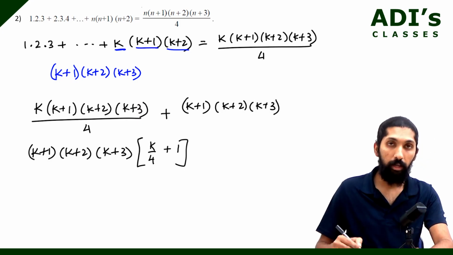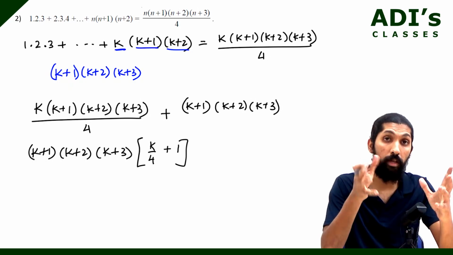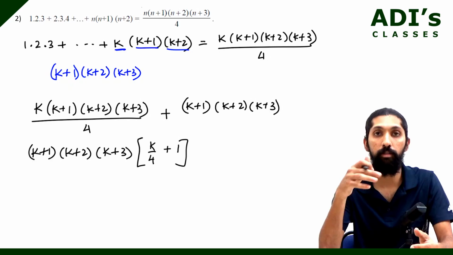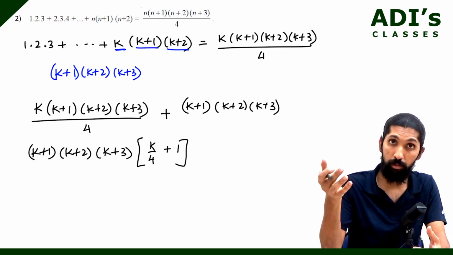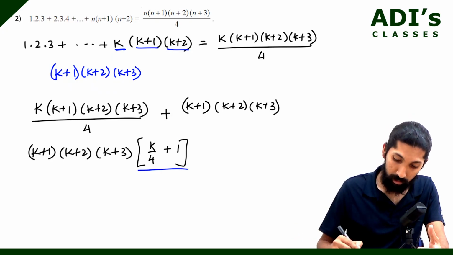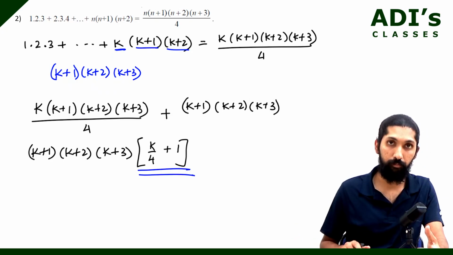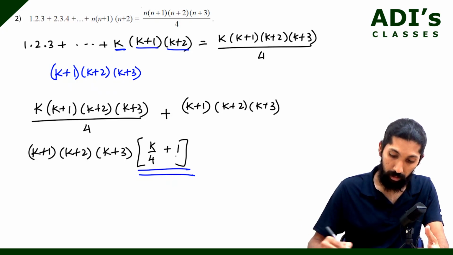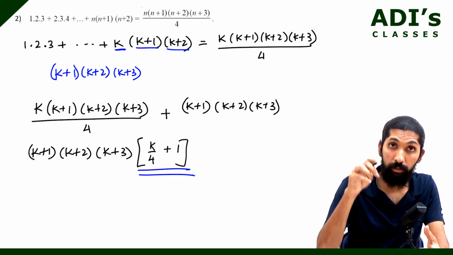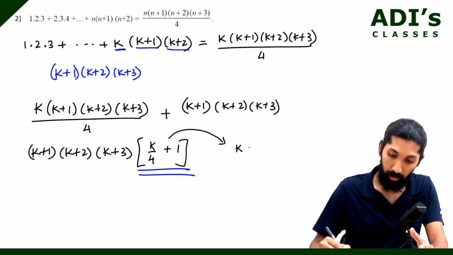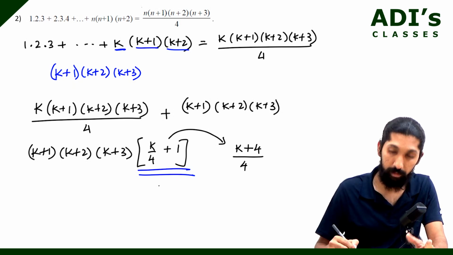Right? Guys, don't worry too much about what is outside the bracket. Worry about what is inside the bracket, because that is where the entire problem is going to rely on. So if you consider only what is within the bracket, taking the LCM is going to give us k plus 4 divided by 4, isn't it?